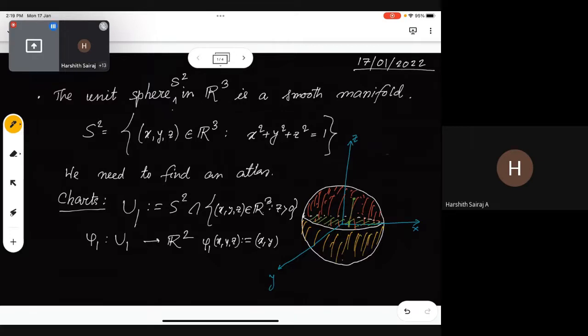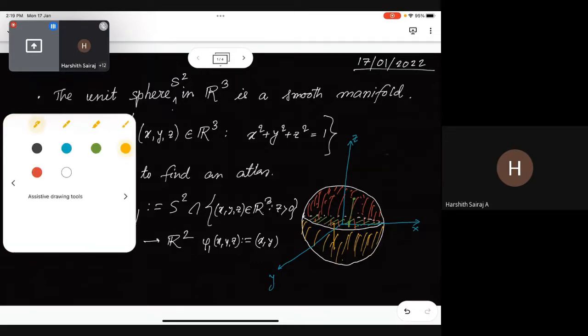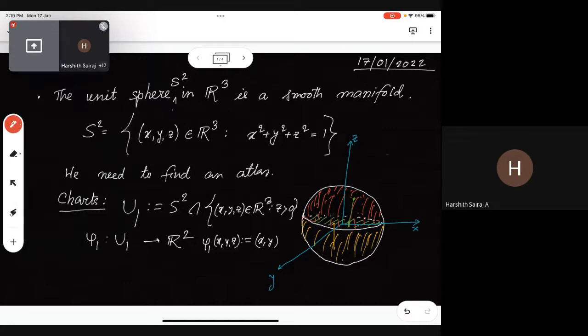And here, what will be the map? Again, it will be the projection to this. This is the great circle, so thinking of this one as a great circle in the xy plane, this will be the projection.